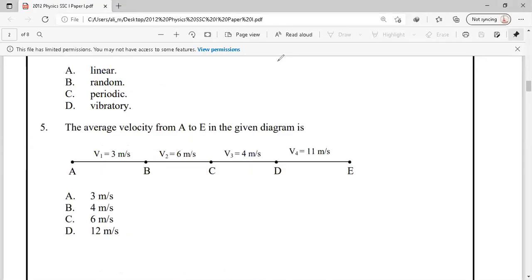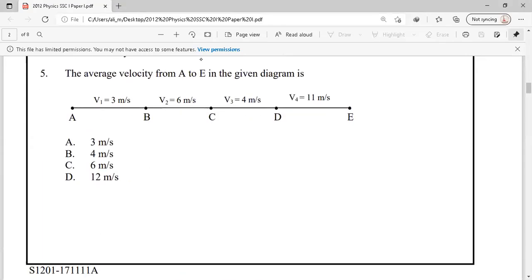Let's move to our question number 5. We have to find the average velocity from point A to point E from this given diagram. A body moves from point A to B with a velocity of 3 meters per second, to point C with 6 meters per second, to point D with 4 meters per second, and to point E with 11 meters per second.